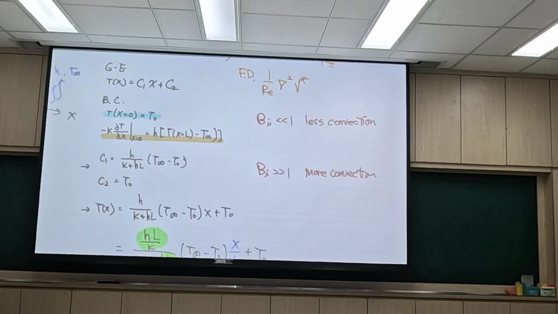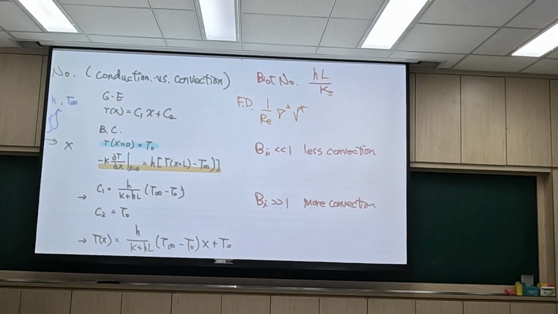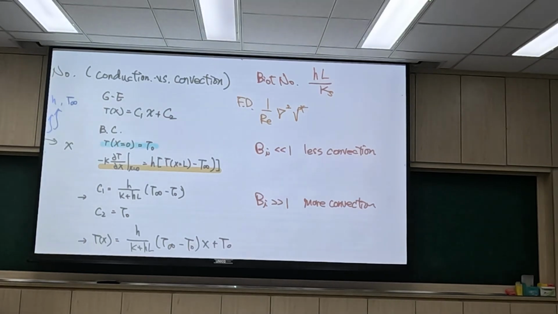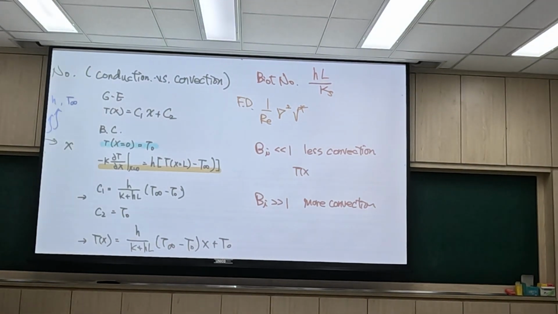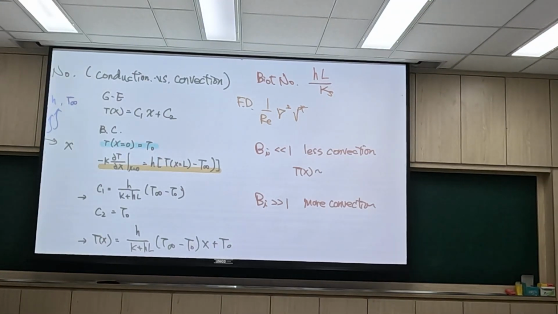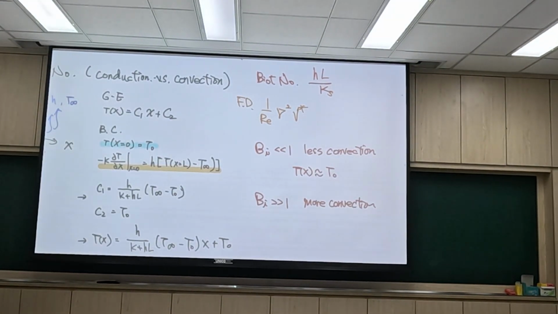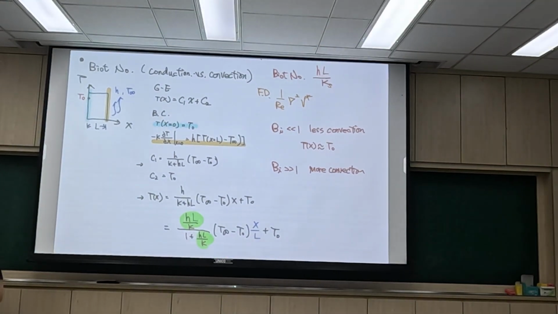Then in more detail, if the Biot number is much less than 1, which means T(x) is roughly equal to T0 on the surface.